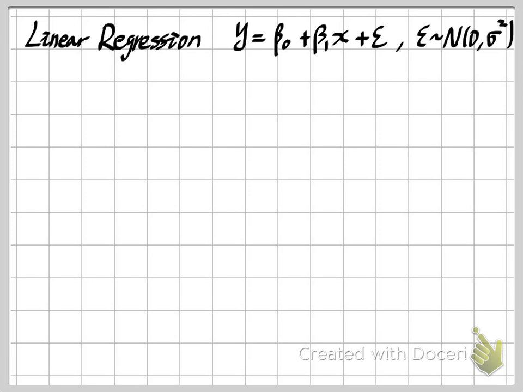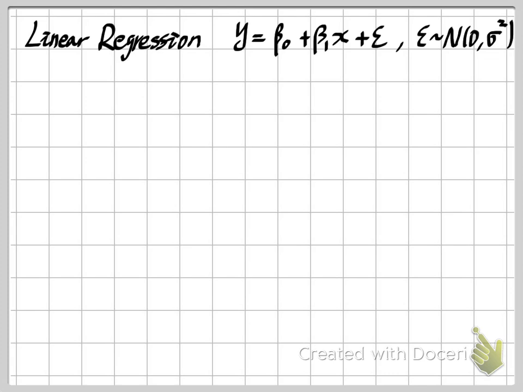If the slope is a constant, like y equals 3 plus 2x, or y equals 0 plus 3x, then this is a straight line, and that's why this is a linear relationship. So if we want to check whether our slope is a constant or not, that means we want to check whether our parameter beta 1 is a constant or not.